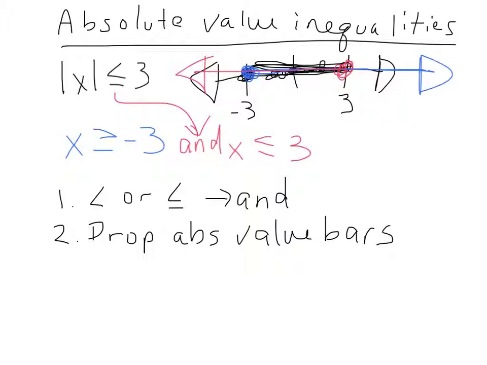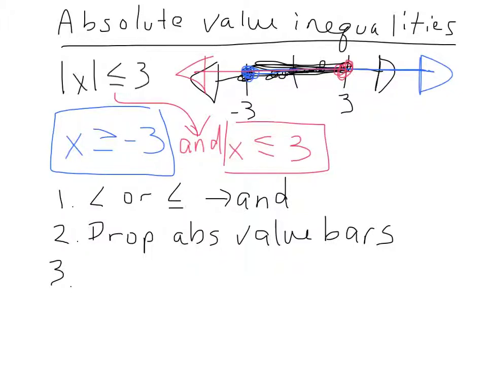In the red equation, we dropped the absolute value bars. Was there anything else we did? Careful on the red one. Oh. We kept the sign the same. Okay? But in the blue equation, we flipped the sign and made -3 negative, correct?